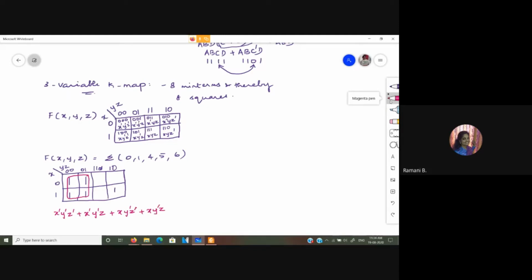These are the four ones corresponding to this. If you are going to minimize this, you will be writing this as x bar, y bar into z bar plus z plus x, y bar into z bar plus z.